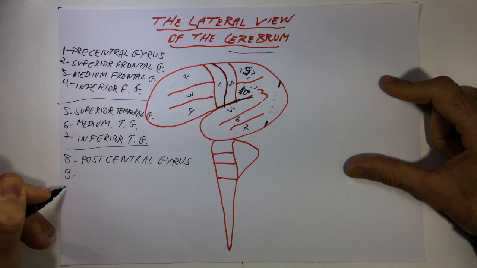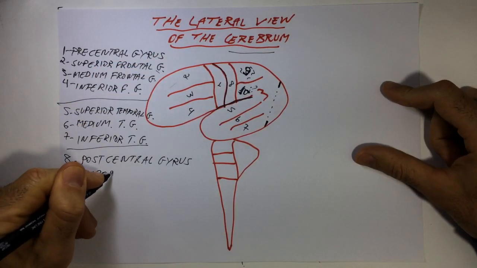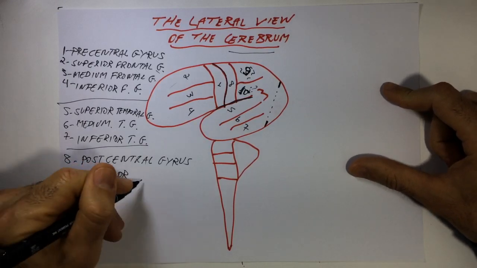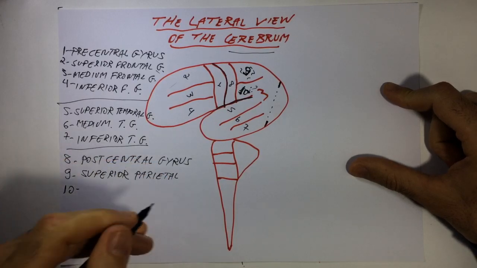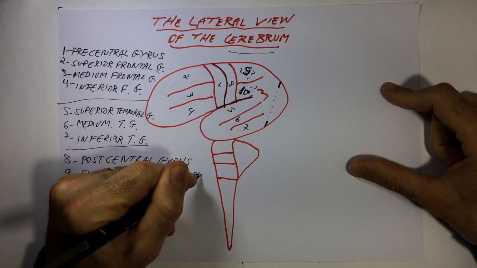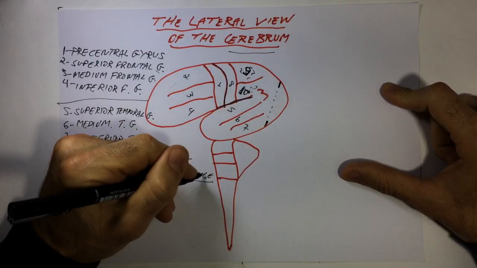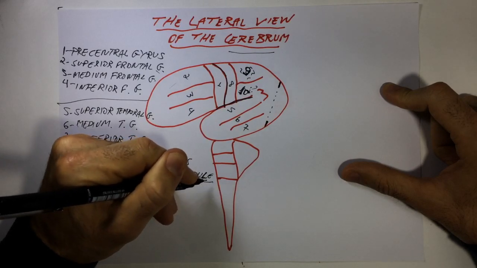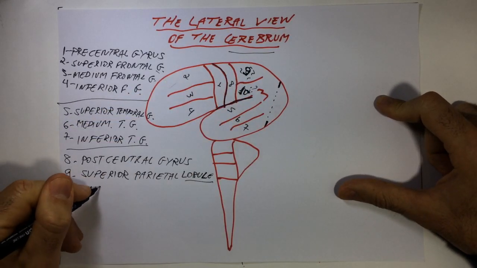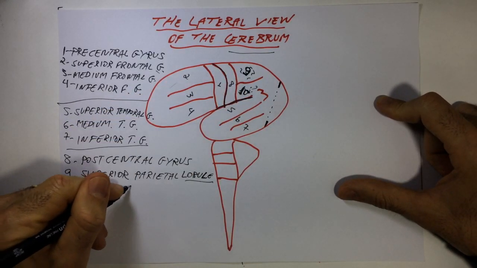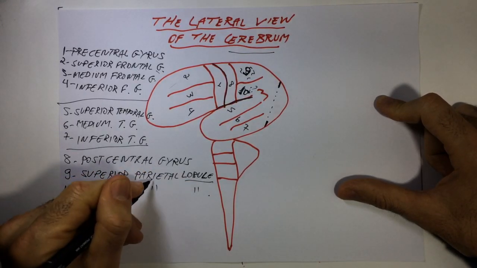So 9 is the superior parietal lobule, like this. Lobule means like a little lobe. And then inferior parietal lobule. Inferior parietal lobule.